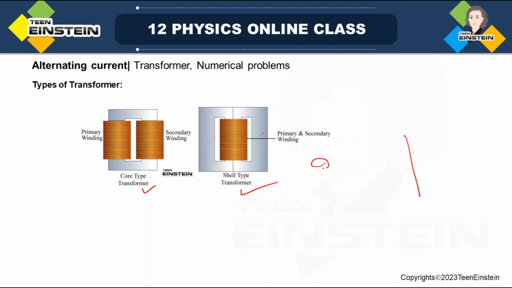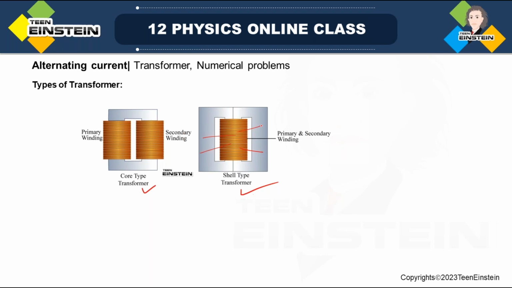Suppose the primary coil is wound first, and then over that the secondary coil is wound. So first the primary windings will be given, then the secondary windings, and there will be terminals for the primary and terminals for the secondary also.